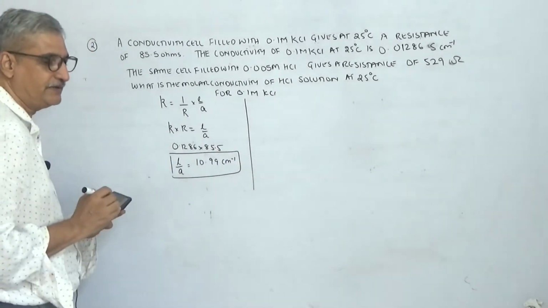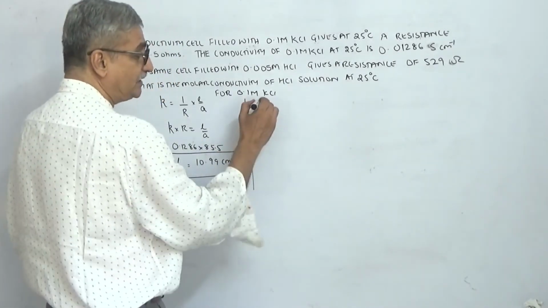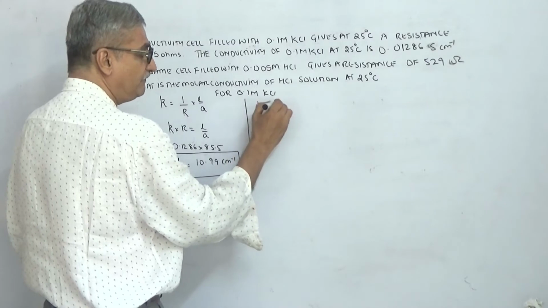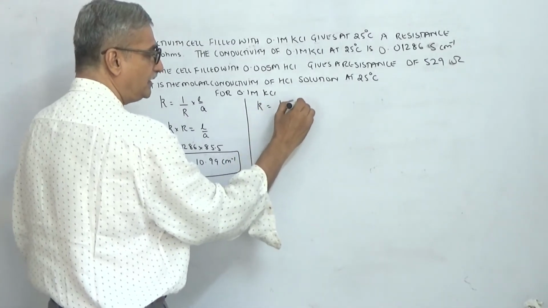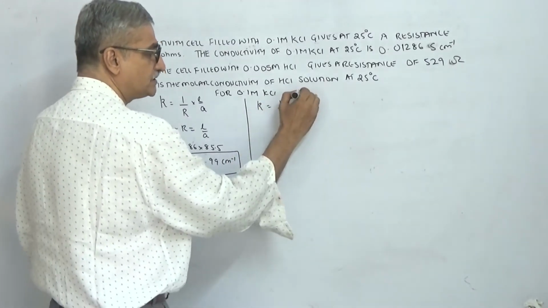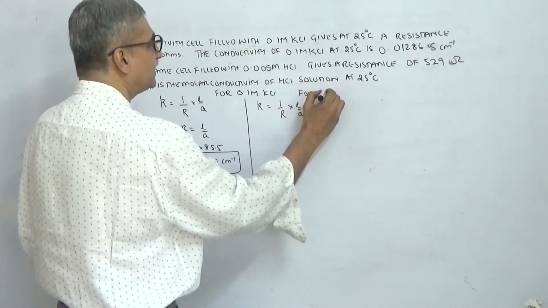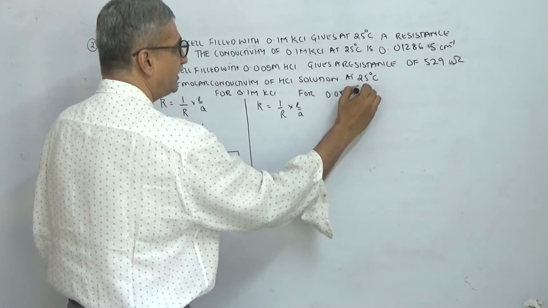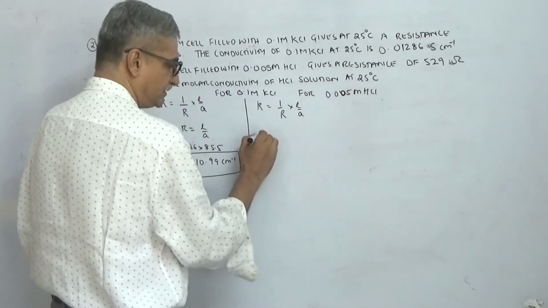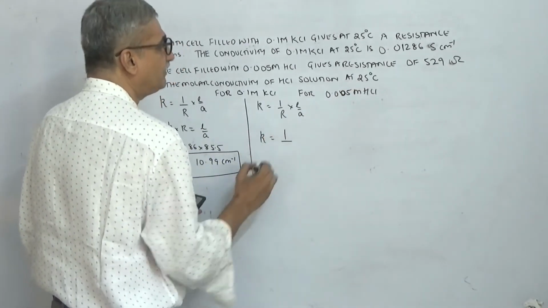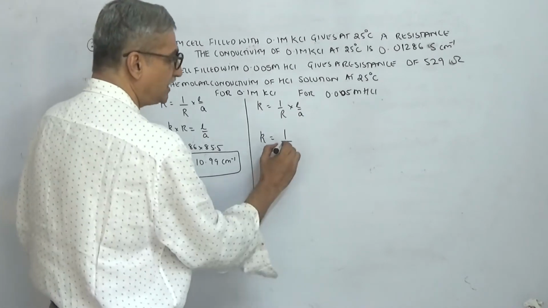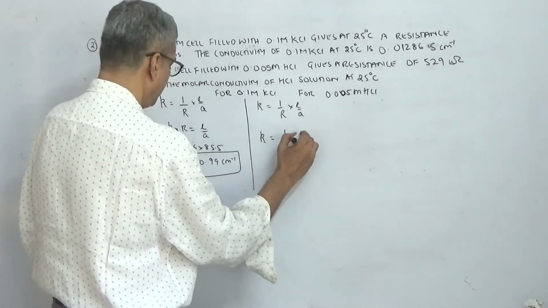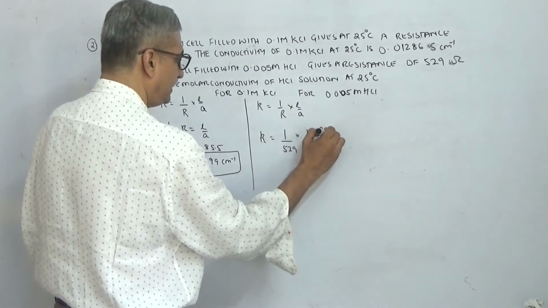Let's look at the second value. For the second value, K will be equal to 1 upon R into L by A. This is for 0.005 molar HCl. So in this case the R was 529, and L by A is 10.99.